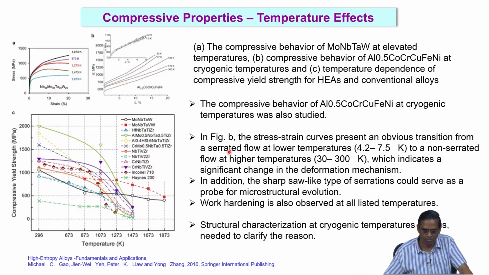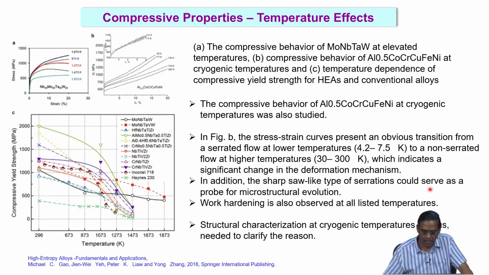What is shown here in B is that it is tested at the cryogenic temperatures of the aluminum, cobalt, chromium, copper, iron, nickel alloy. So the stress strain curve presents an obvious transition from a serrated flow at low temperatures to a non-serrated flow at high temperatures, which indicates a significant change in deformation mechanism.